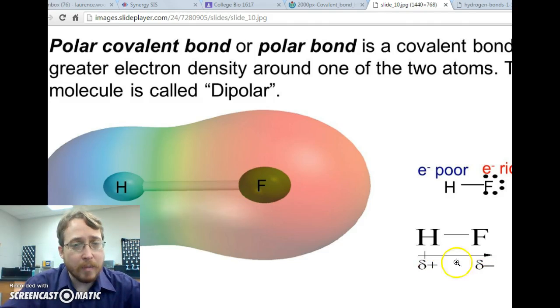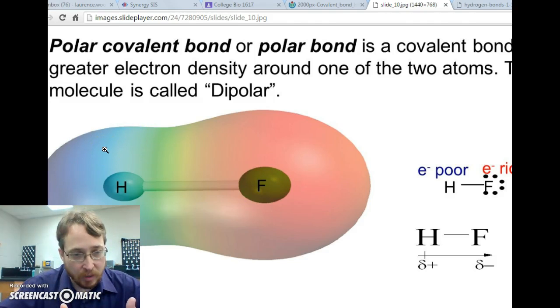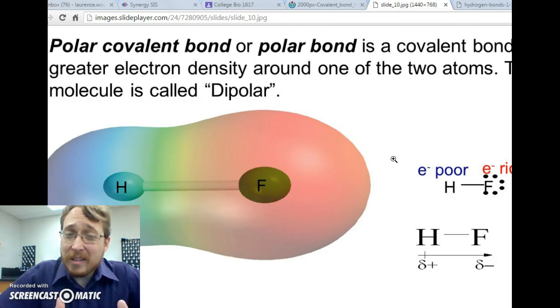So in this molecule, this side has a region of partial negative because most of the electrons are hanging out over here most of the time. And over here we have a region of partial positive because fewer electrons are here most of the time. That means that this is a different covalent bond.